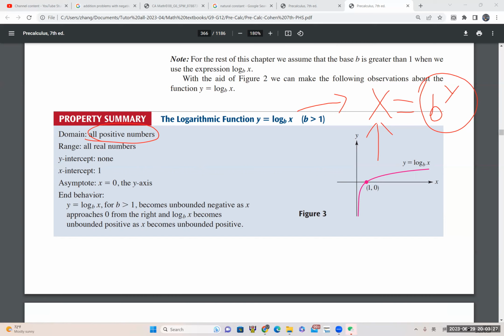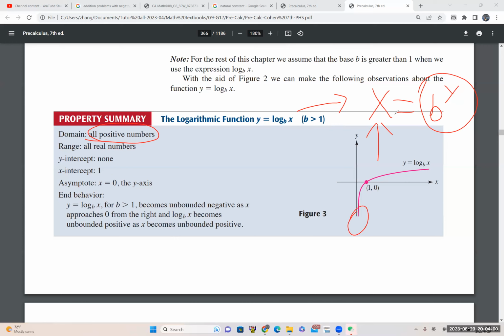Then end behavior. Anyway, if x approaches 0, y should approach negative infinity. That's why we write this here.